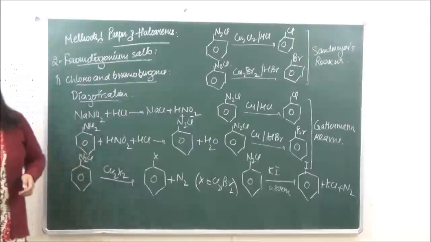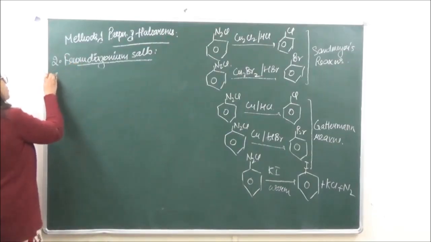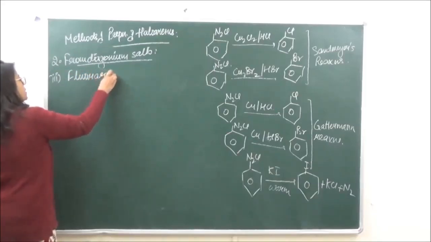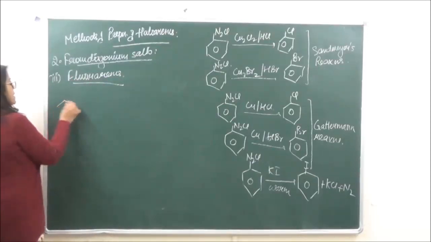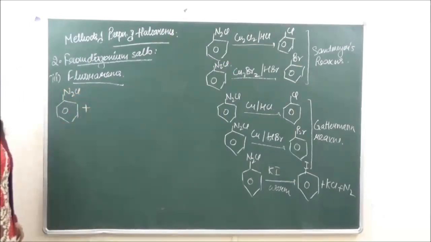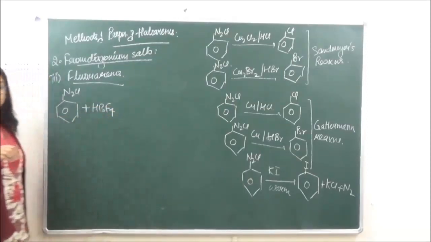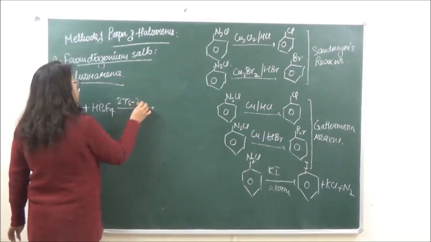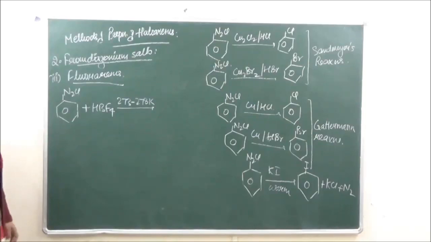Now let's prepare the fluoroarenes. This is the third type, again from diazonium salts. In order to prepare fluoroarenes, we react benzene diazonium chloride with fluoroboric acid, HBF4, and the temperature is kept very low, of the order of 273 to 278 Kelvin, or around 0 degrees Celsius.